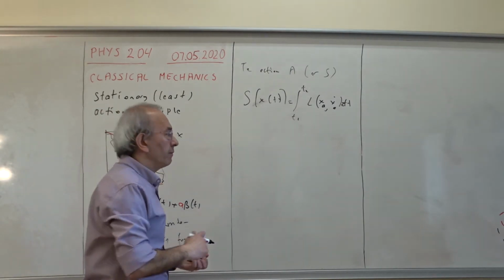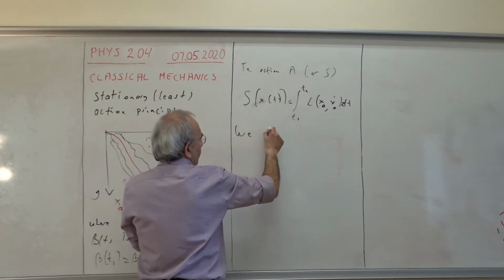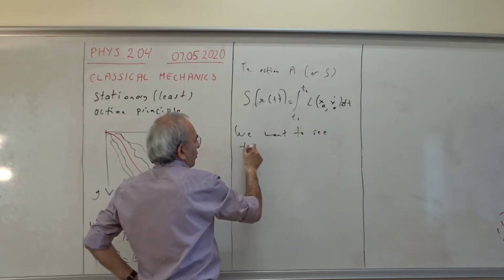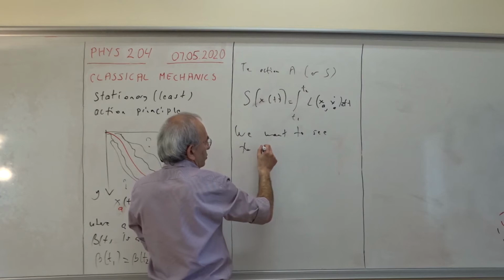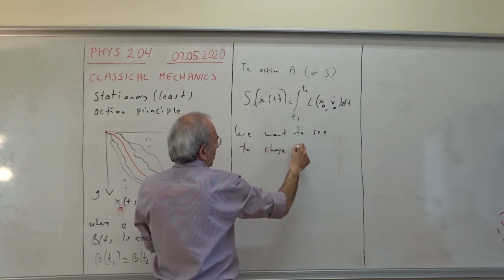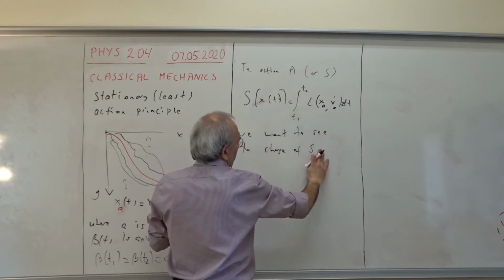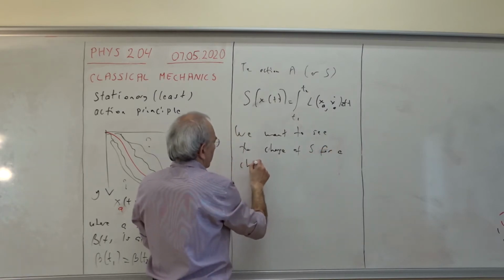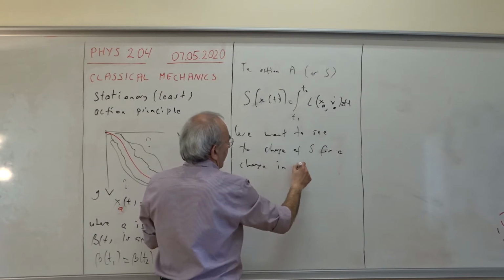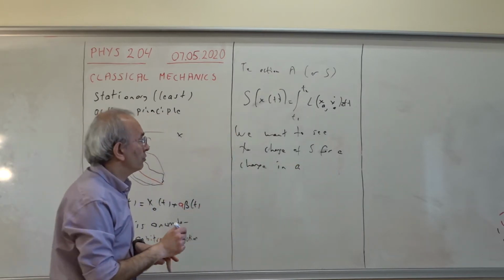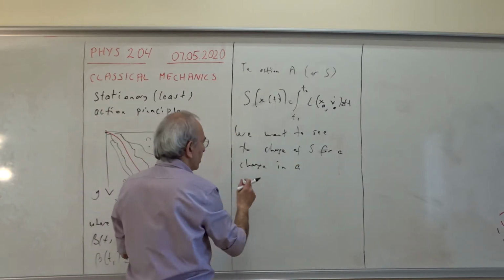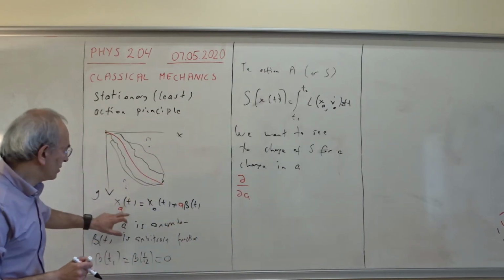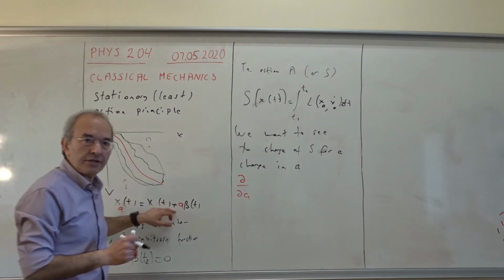And we want to see the change of S for a change in a. This is just del by del a. Let me repeat, a is the number parameter that we write here.